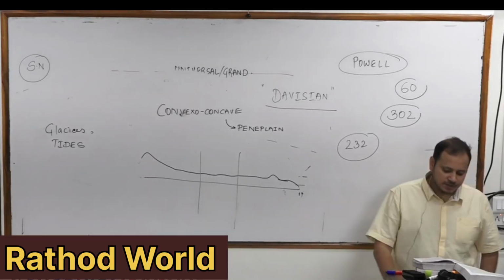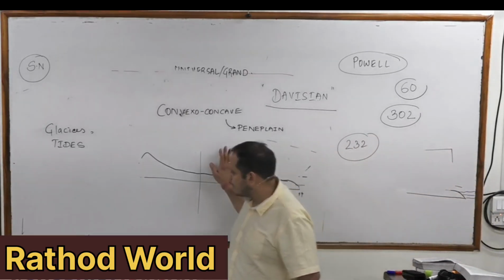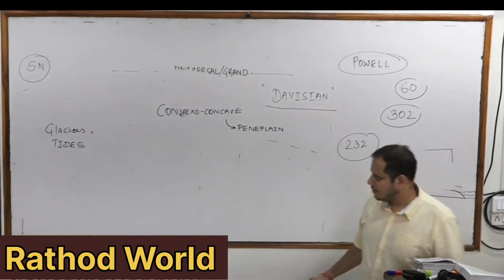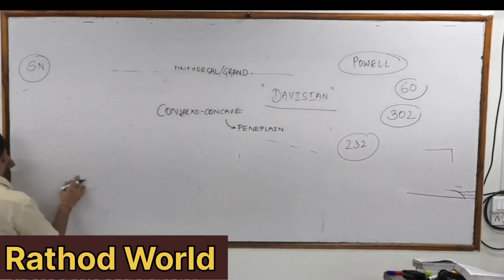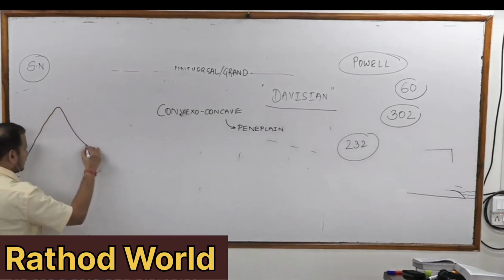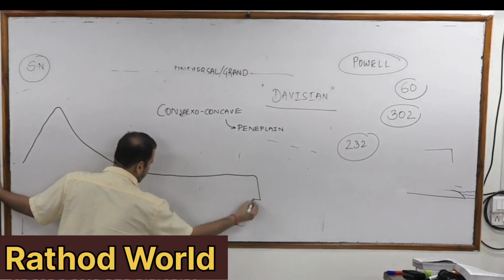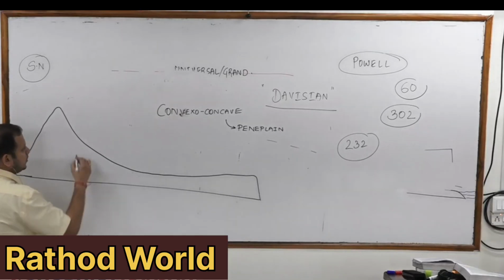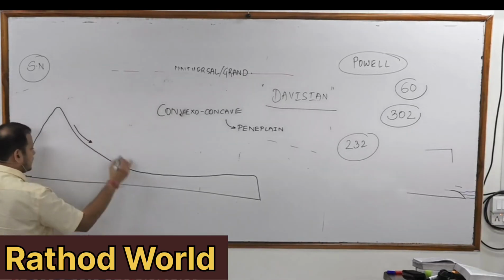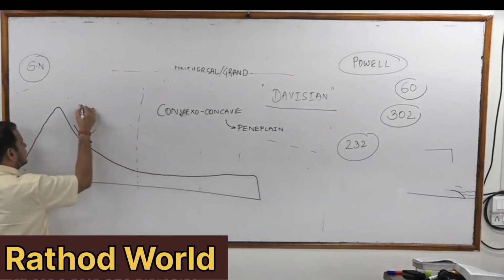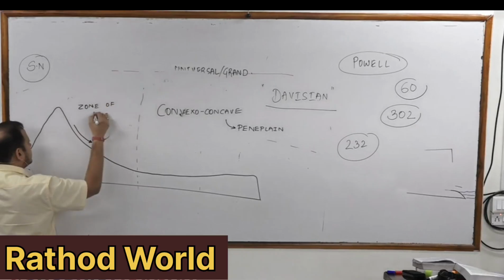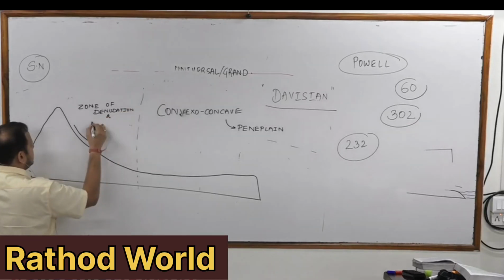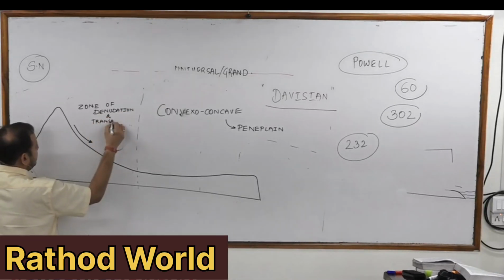Weathering and erosion, denudation, and these sediments are then transported from higher height to lower height, which causes reduction of relief.